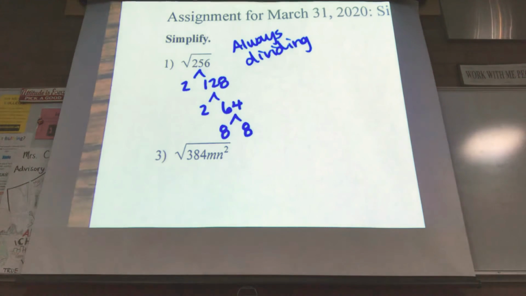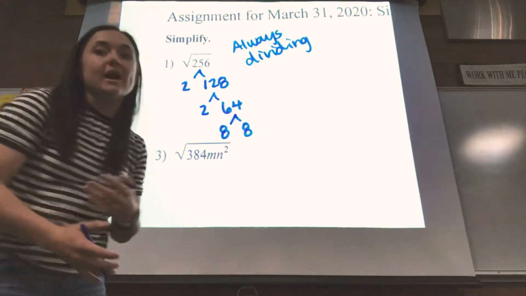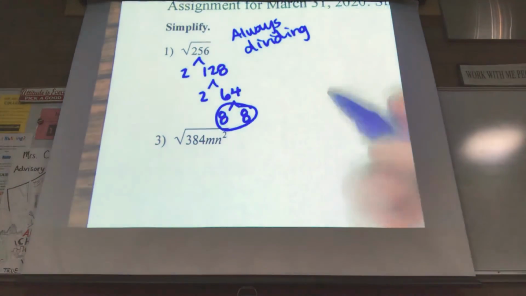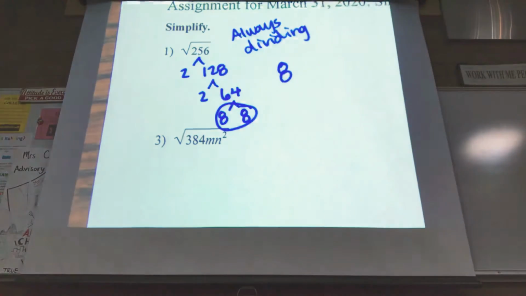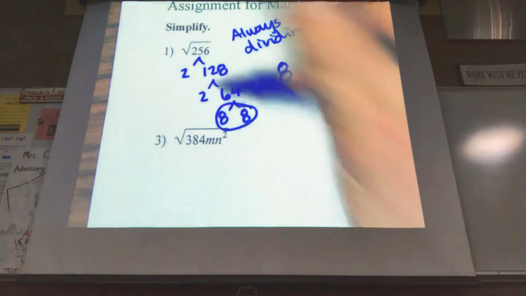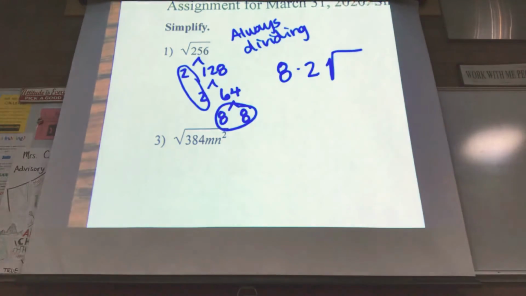Now that we've divided it down to where we can see numbers that are pairing up, they can start to leave the radical. So I can see that I have a pair of 8s. One pair or one couple of 8s can leave my radical. But I can also see that another pair of 2s can leave the radical.